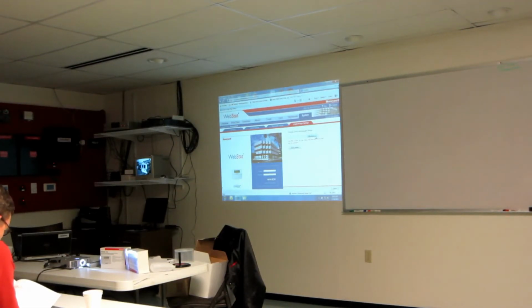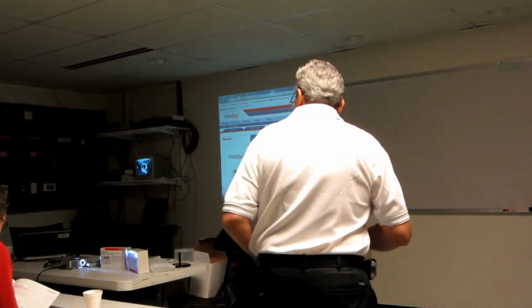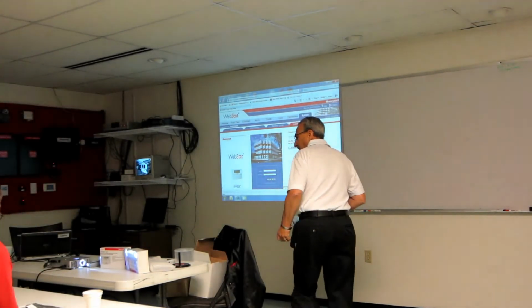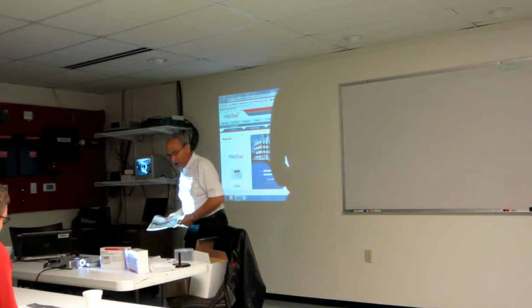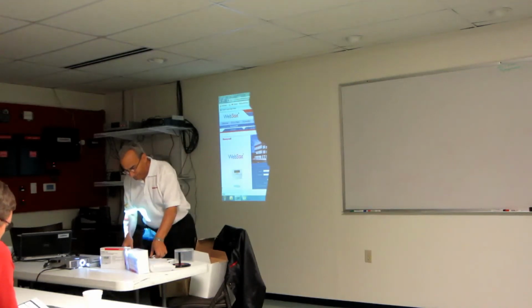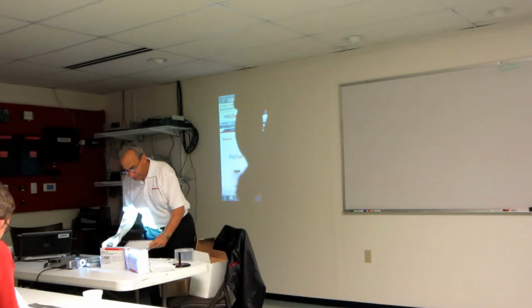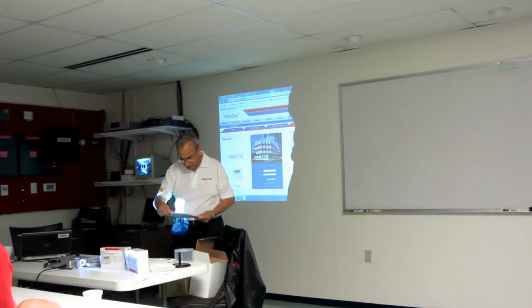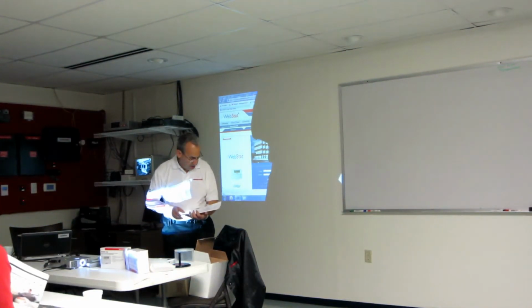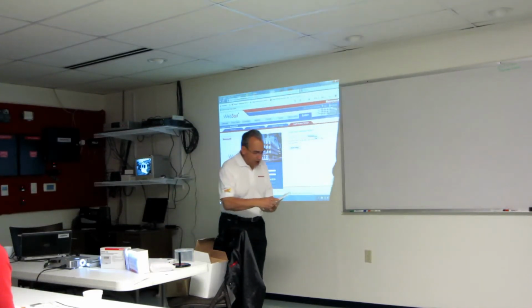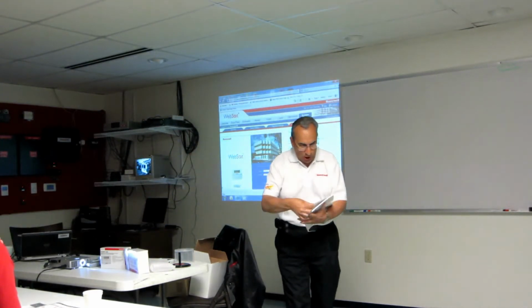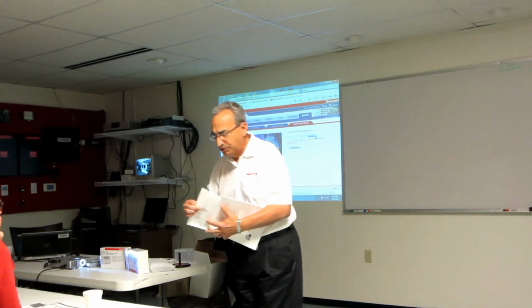Now, there's 2 different types of systems. One is the RedLink, and the other is the Wi-Fi. Now the RedLink requires a receiver.